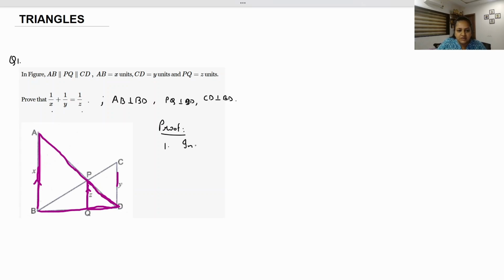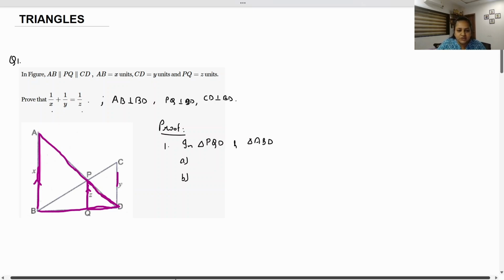In triangle PQD and triangle ABD, can we prove that these two triangles are similar? Since we looked at the question and made out that we need to use similarity, obviously we are going to try to prove that these two triangles, PQD and ABD, are similar.